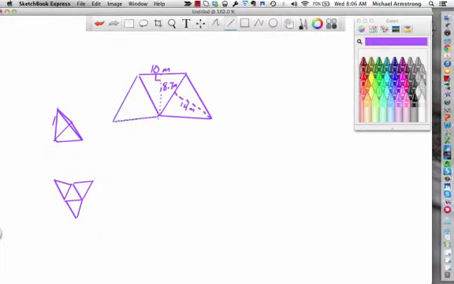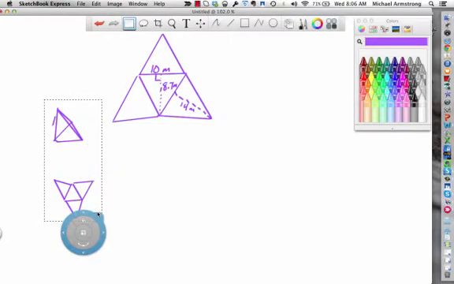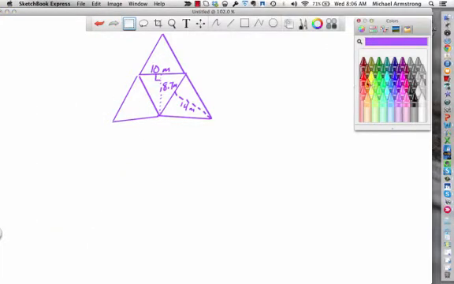So once we see that we have all of these pieces taken care of, all we have to do is find the area of the base, and then the area of the three lateral sides, which should all be the same, and add those together. So the base is just the area of a triangle.